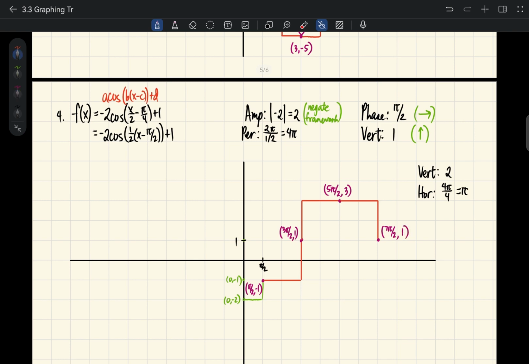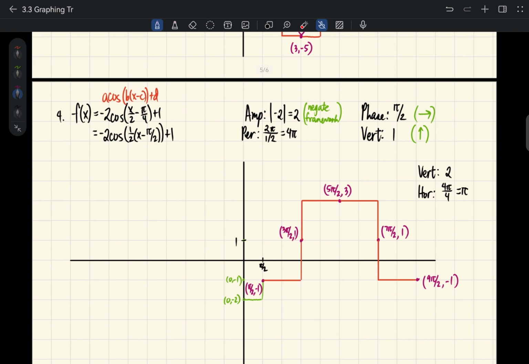And lastly, we move 2 units down and move pi units to the right. We have this point right here, 7 pi over 2 plus pi, that's 9 pi over 2, comma, 1 minus 2, that's -1.